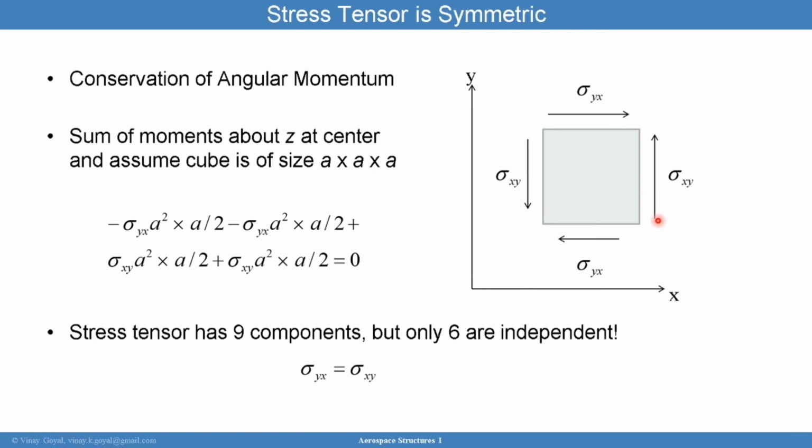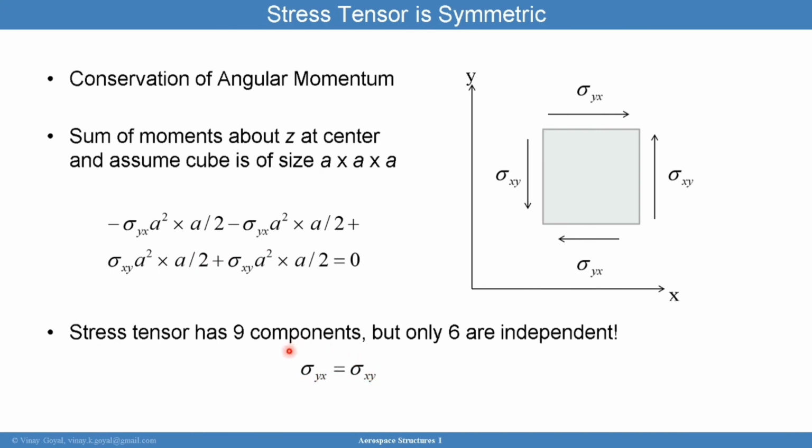Sigma xy, for example, times a squared times this distance a over 2 gives me the moment contribution due to this applied stress. And I can repeat it for the other quantities. And when I'm done, what I find is that a cubed cancels out, divided by 2, and I'm left with sigma yx equals sigma xy.